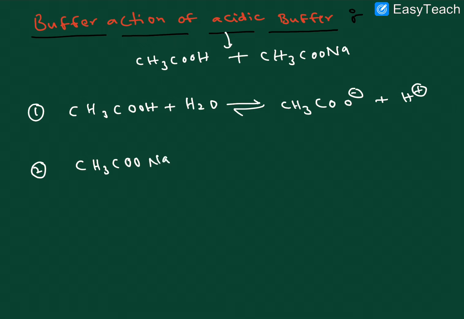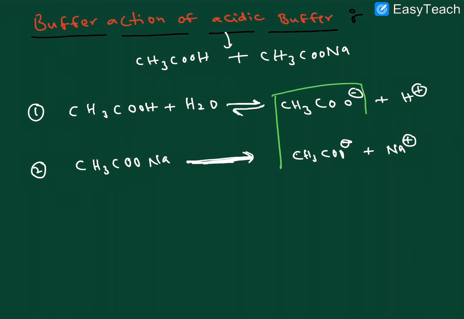It is a strong electrolyte, easily dissociated, with complete ionization, giving CH3COO minus and Na plus. Understand this arrow mark: this reaction is completely ionized, while the other is an equilibrium. Some acetate ion remains in water, and some acetic acid forms ions.